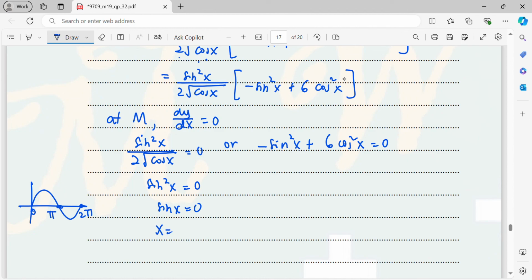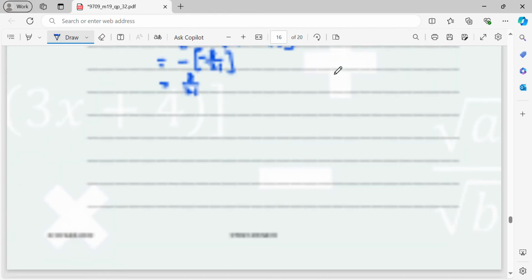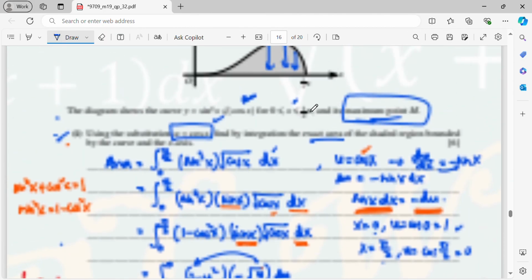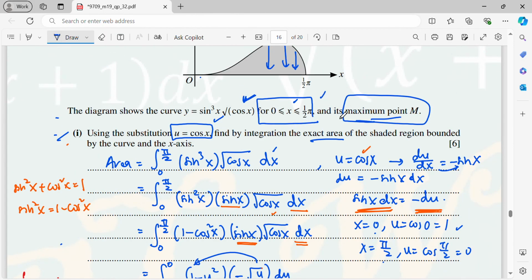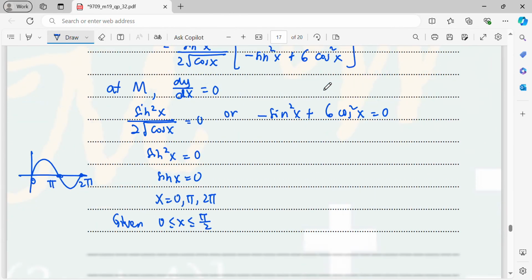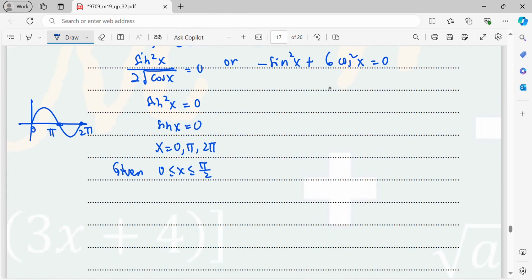So your x will be 0, pi, 2 pi. So given now your x is from 0 to half pi, let's check one more time. Here, 0 to half pi, and obviously the m is not 0. So that means no solution. Okay, so no solution here.